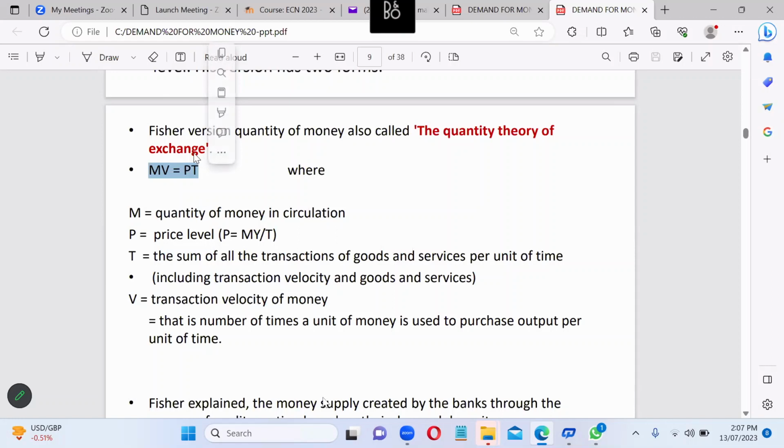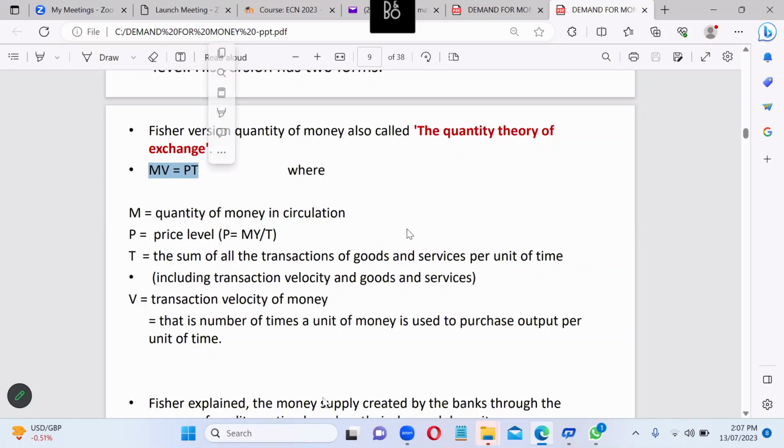So, the Fisher version and the weakness of the Fisher quantity theory. Economists both contemplate the sum equation.